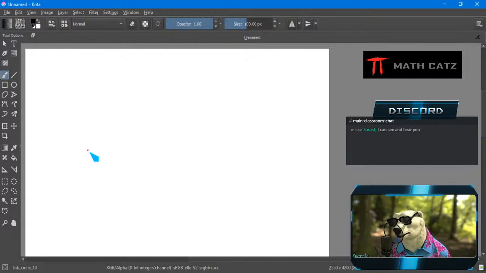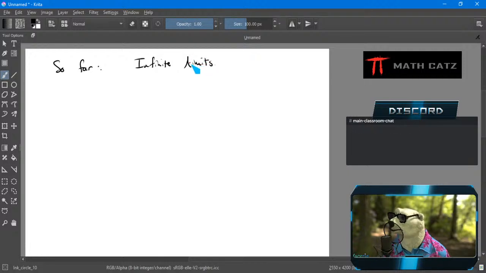So, what have we done? So far, we've looked at infinite limits. That is where I like to start because it emphasizes the behavior, infinite limits as a long-term behavior question.